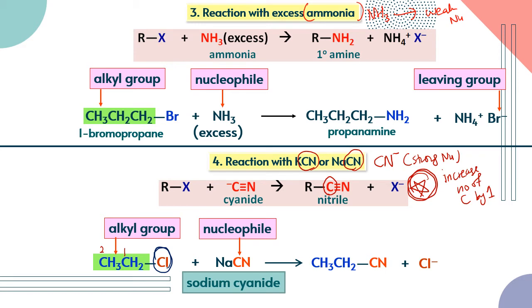Initially on the haloalkane, chloroethane, we have 2 carbon, but right now we have 1, 2 and 3. So we have a 3 carbon compound. We have increased the number of carbon by 1. Cl minus is the leaving group.